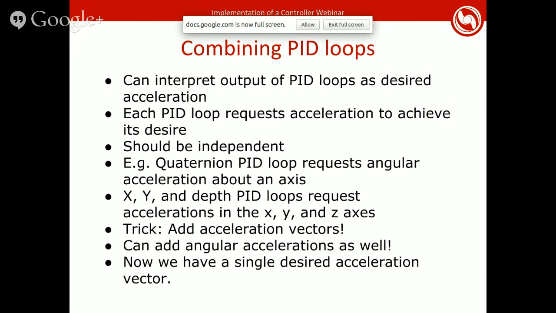The angular acceleration is for orientation, and the linear acceleration is for translational degrees of freedom: x velocity, y velocity, and depth. I'm going to talk a little bit later about why we're interpreting this as acceleration and not force, because you might think force is the most direct way, since my thrusters impart a force, not an acceleration. But we're going to talk about that later.